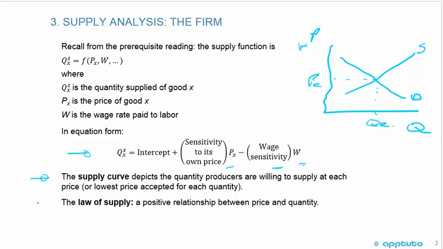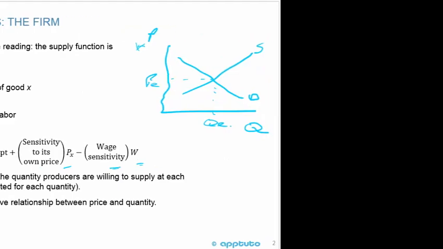And the law of supply is a positive relationship between price and quantity. So again, the quantity supplied of X is a function of the price of the good and the wages, that is the wage rate that is paid to labor, because to increase supply is going to take more work and more labor, okay? So you can see the quantity supplied of X is the intercept, plus the sensitivity to its own price times the price of X, minus the wage sensitivity times W.